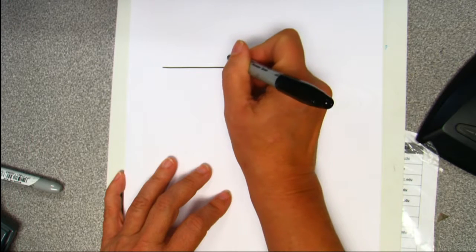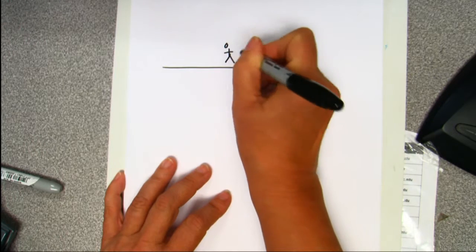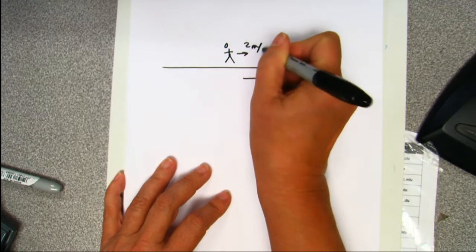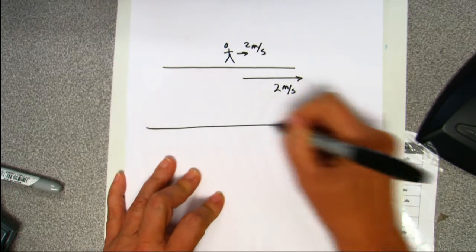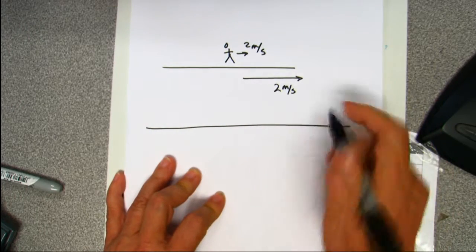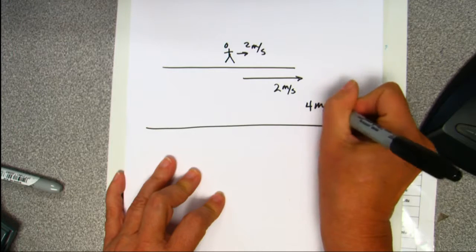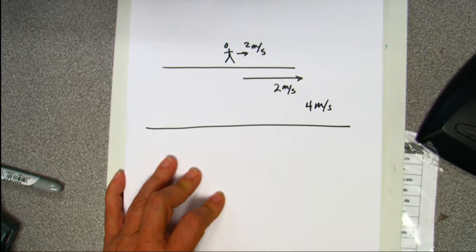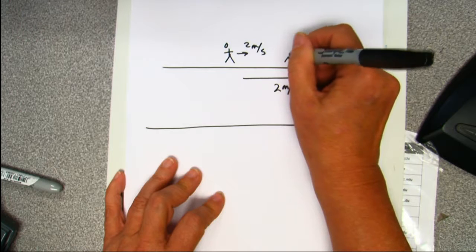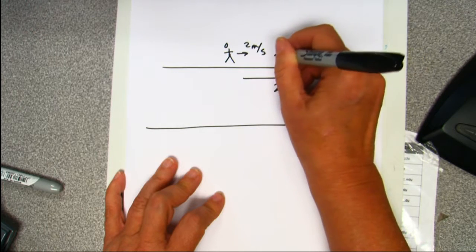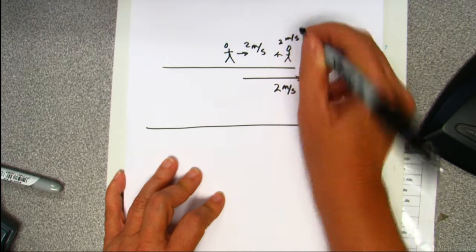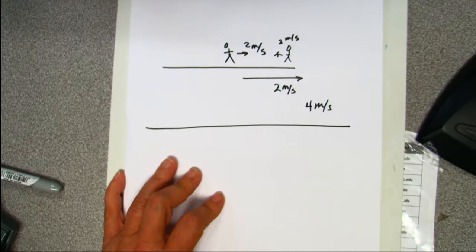If we walk on it at 2 meters per second, we're crossing that distance at 4 meters per second. And we've all seen little kids, or done it ourselves, that in order to stay in the same place, I can walk this way at 2 meters per second and not go anywhere.